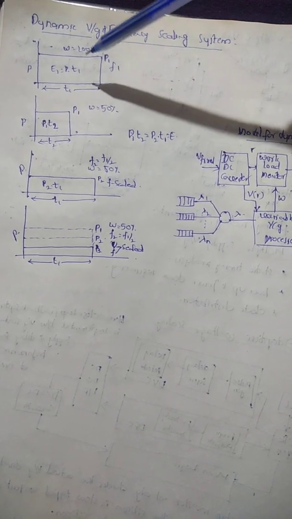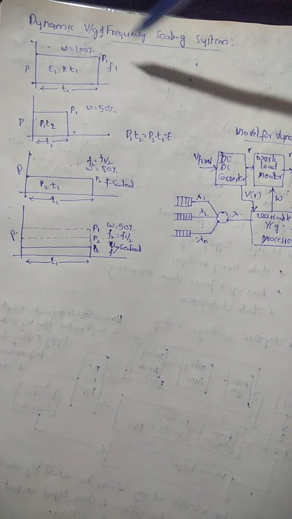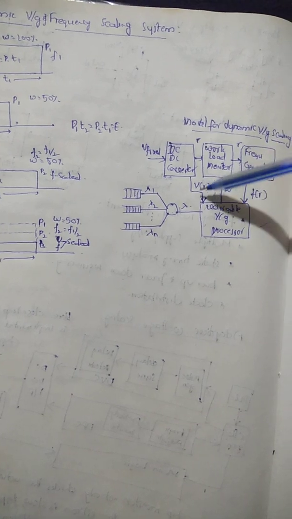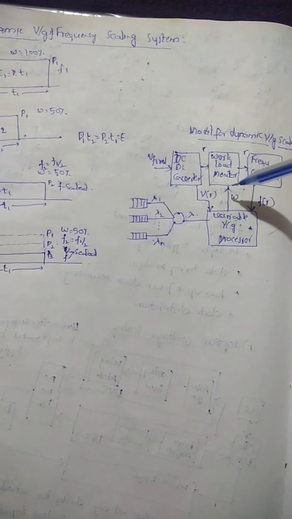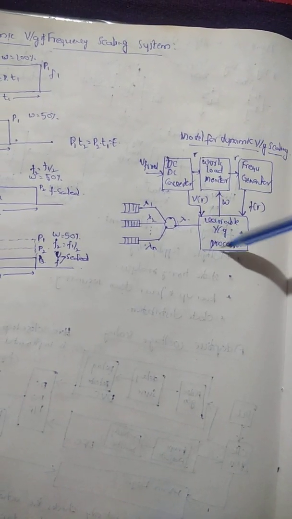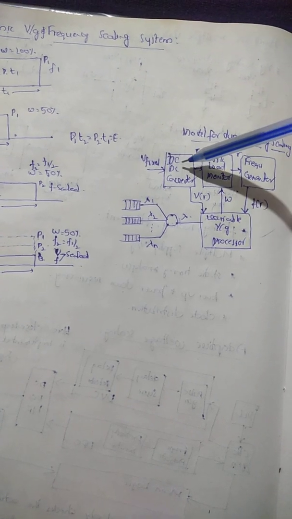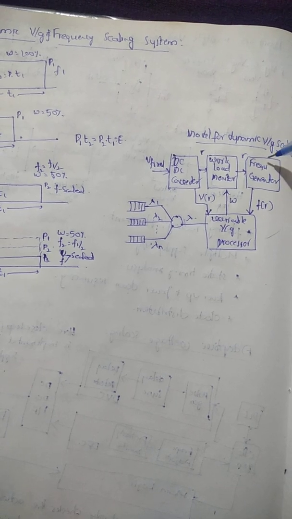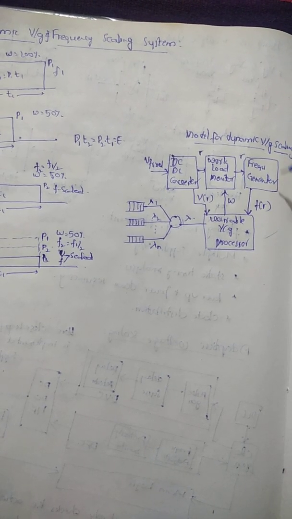Now we will discuss the DVFS model. So here I have the DVFS model. It consists of a variable voltage processor, DC to DC converter, voltage load monitor, and frequency generator.